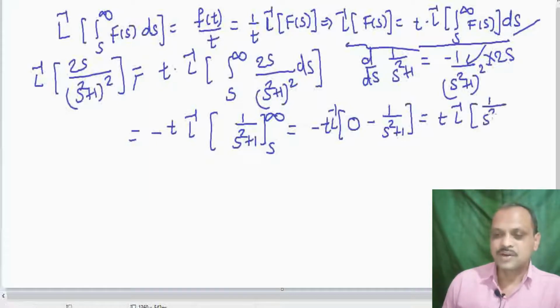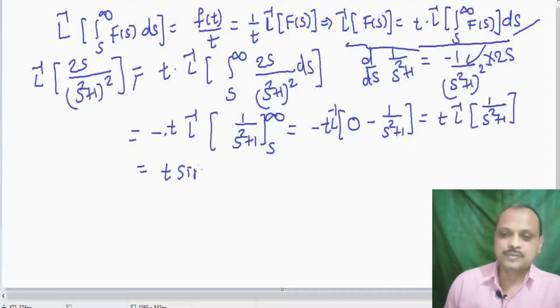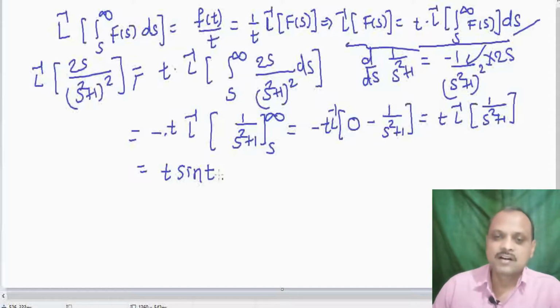So t into L inverse of 1 divided by s square plus 1. This is a standard formula, s square plus a square. So we get t into sine of t. So friend, you can see how easily we have obtained the L inverse of this function by using this technique.